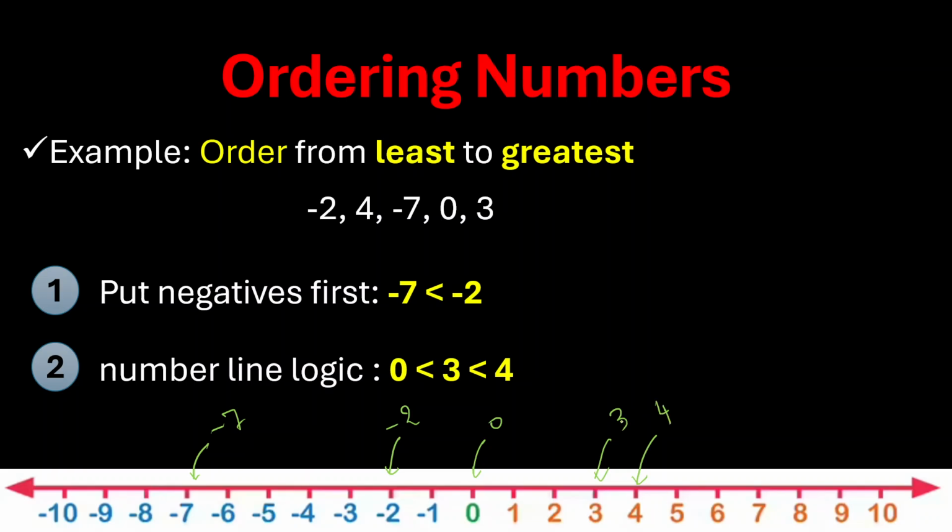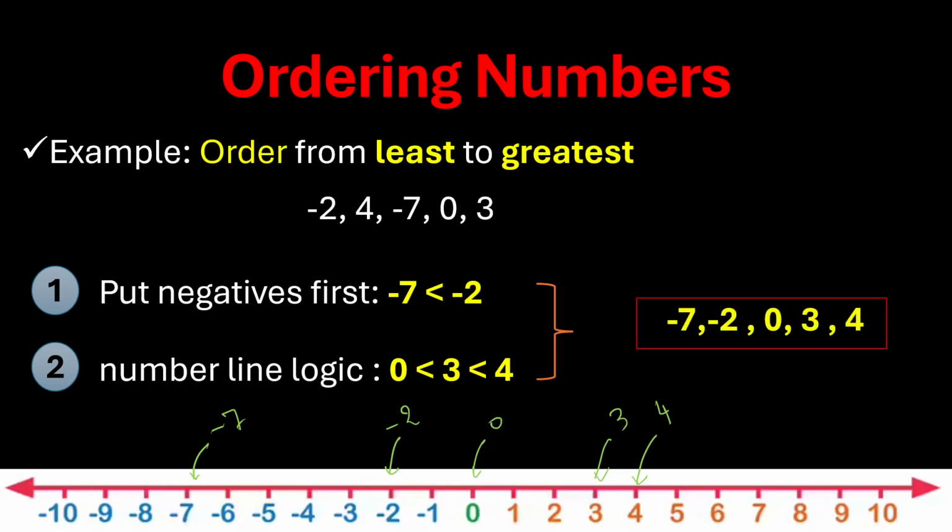So 4 is the greatest one and minus 7 is the smallest. So the series of numbers after ordering is minus 7, minus 2, 0, 3, and 4.